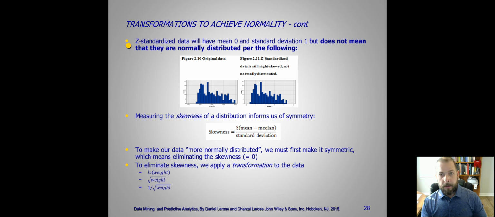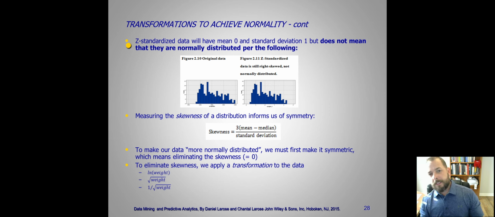This is just one equation here that the textbooks give us, but there are a lot of different ways to measure the skewness of our data, whether it's left skewed or right skewed. All right, we want to try to make our data more normally distributed, because that symmetry in our data set oftentimes gives us better results when we're doing a lot of different statistical modeling.